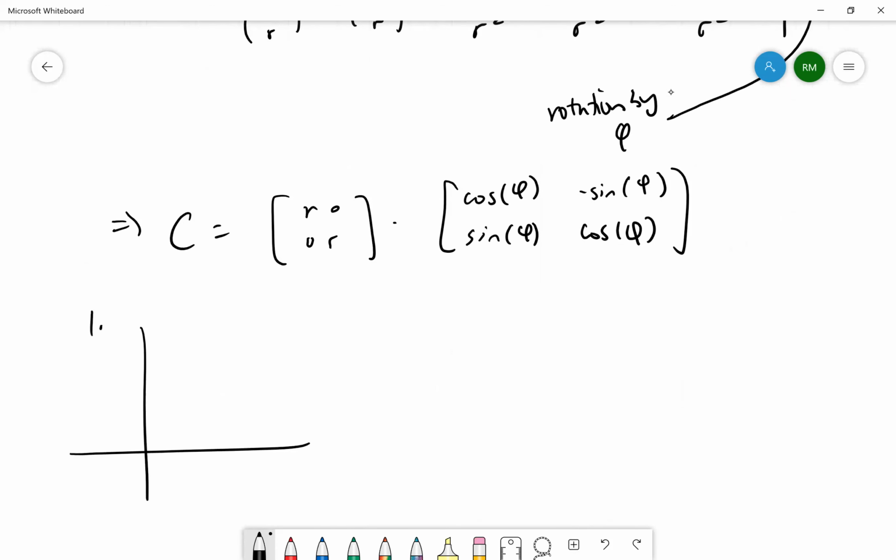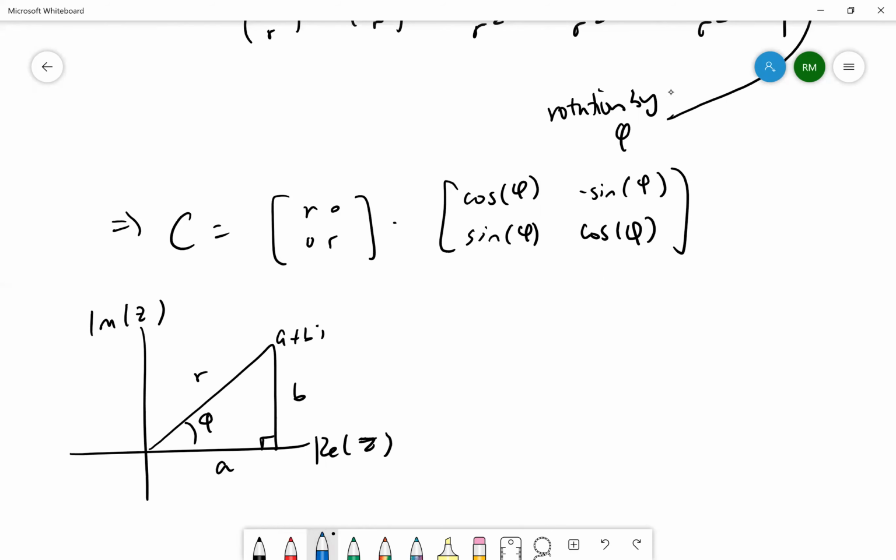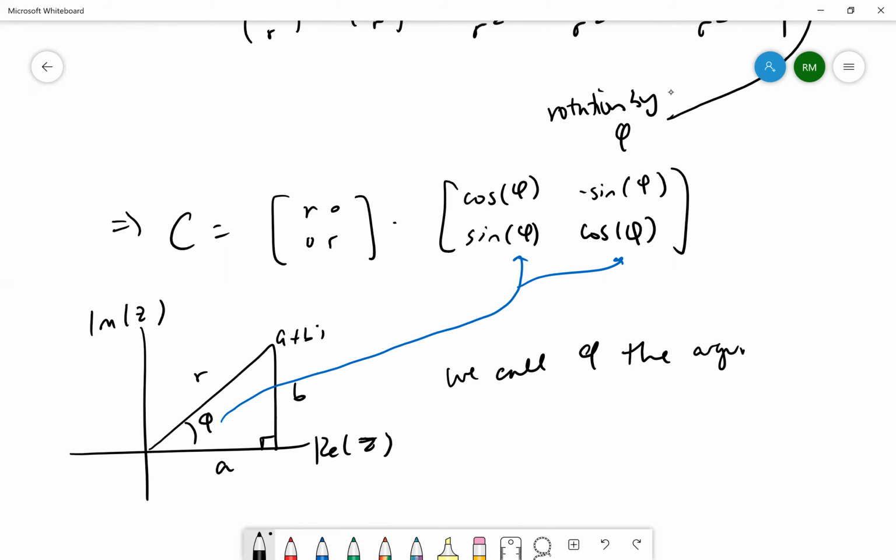If this is the imaginary axis and this is the real axis, and we have our complex number, A plus Bi. This is A and this is B. This is R. This is the angle theta that appears in that rotational matrix. And we call phi the argument of lambda equals A plus Bi.